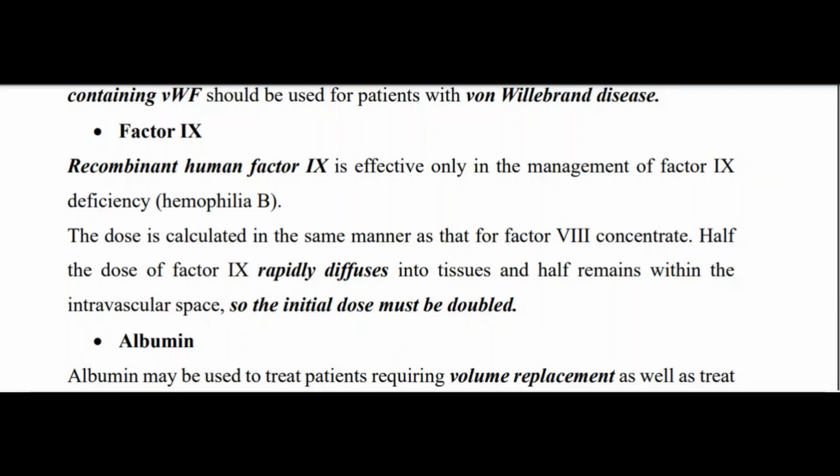So when we transfuse, we must double the initial dose. Unlike factor 8, which is available in the body as a whole, half of factor 9 will diffuse into tissues and will not be useful in blood. That's why we have to double the units after calculating the dosage.